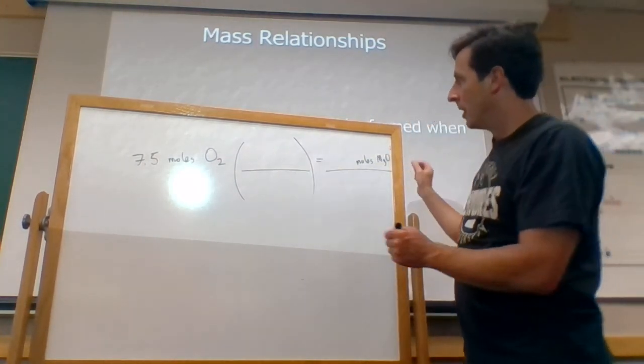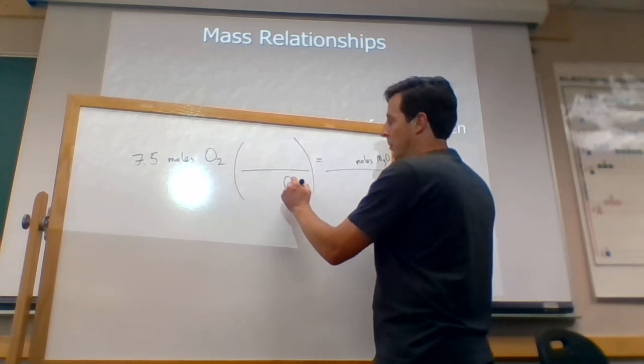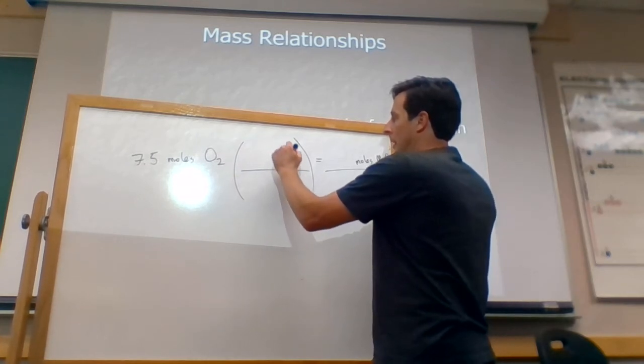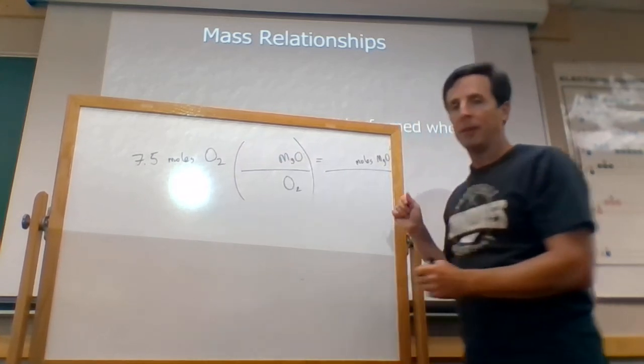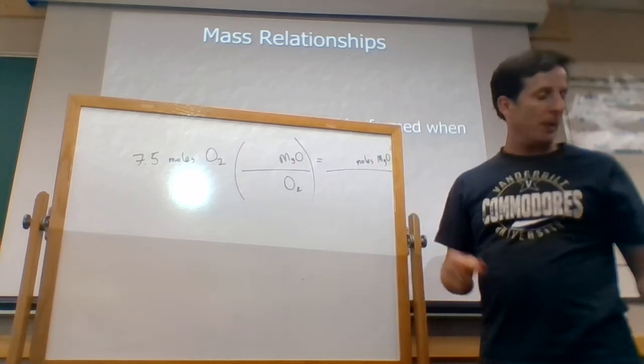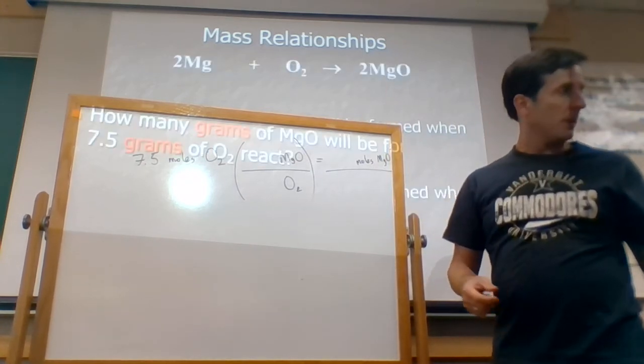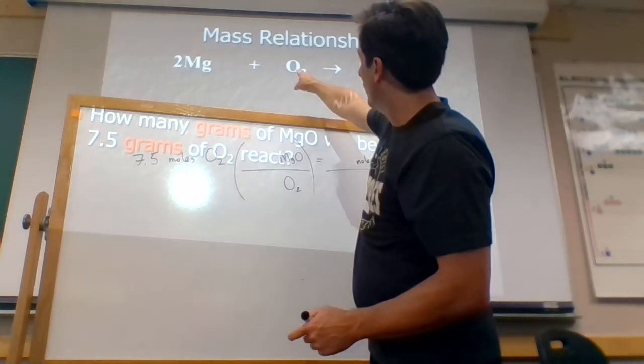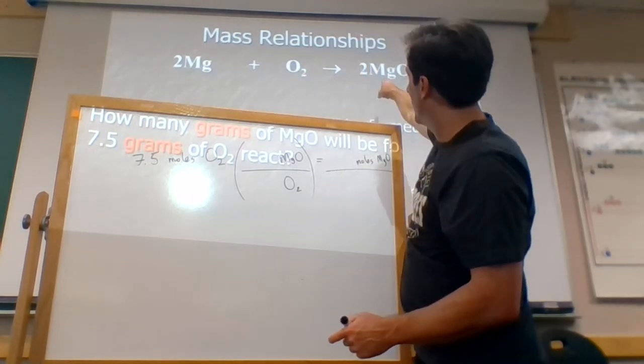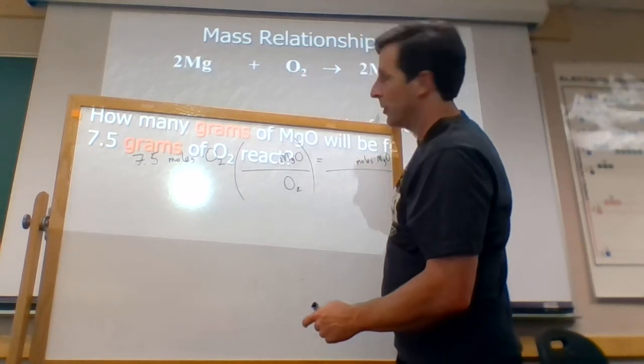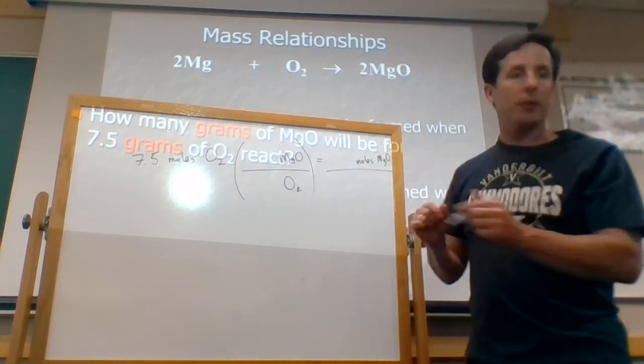O2 to MgO, O2 is going to go in the bottom, MgO is going to go in the top, and I look at the ratio in the balanced equation, 1 O2 reacts to form 2 MgO. So 1 to 2 if I just focus on those 2 compounds.